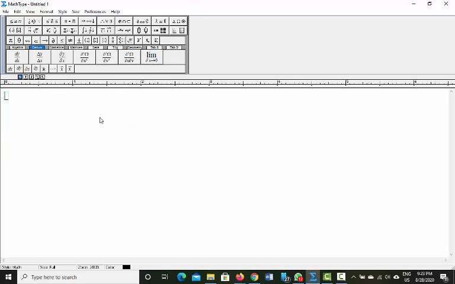So now we will learn how to find the inverse of a matrix.